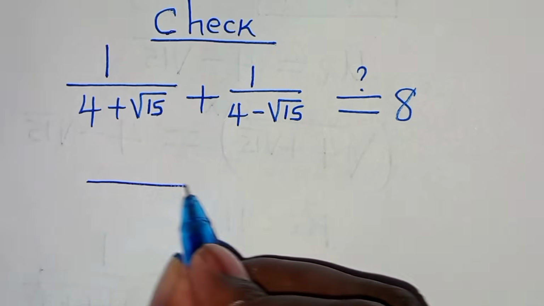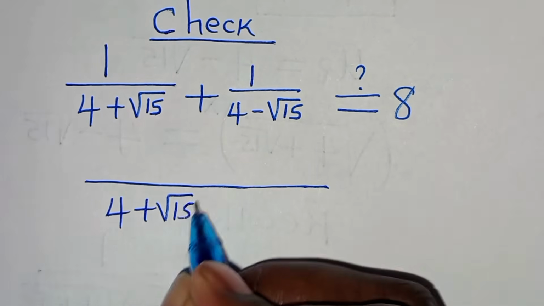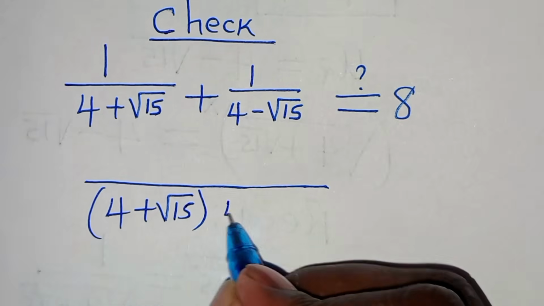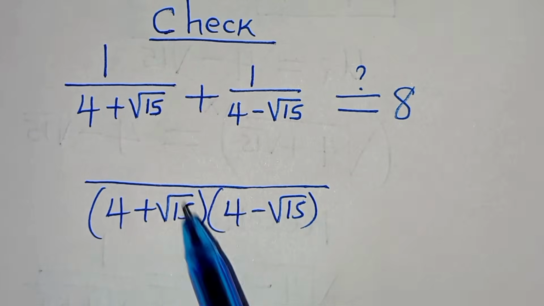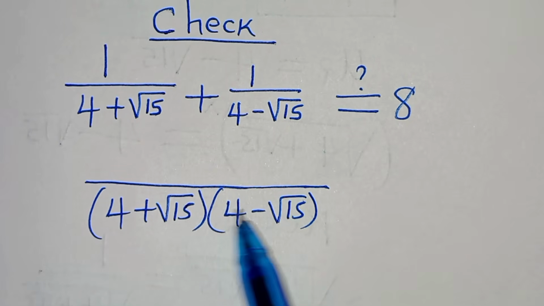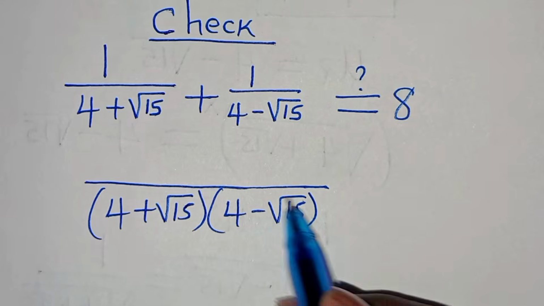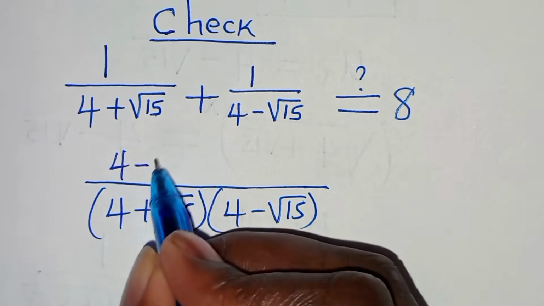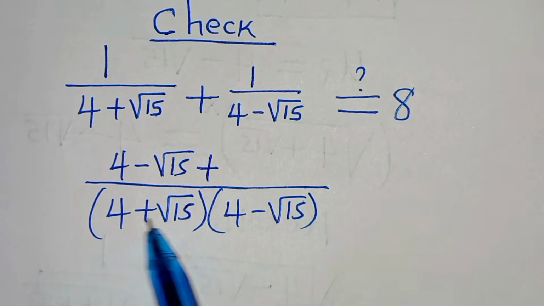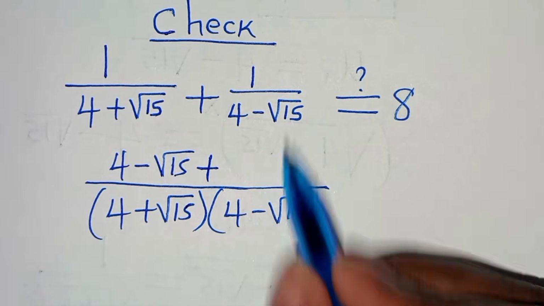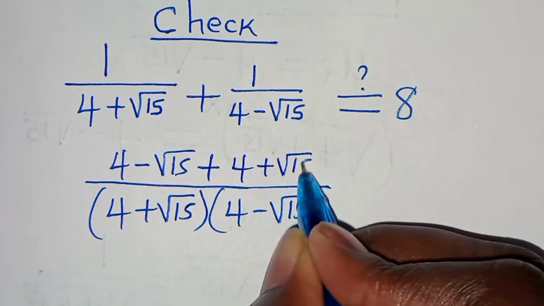Now here we have the LCM, which is 4 plus square root of 15 multiplied by 4 minus square root of 15. Now, 4 plus square root of 15 and 4 minus square root of 15 divided by 4 plus square root of 15 gives 4 minus square root of 15, then plus, again we divide by this, so this becomes 4 plus square root of 15.